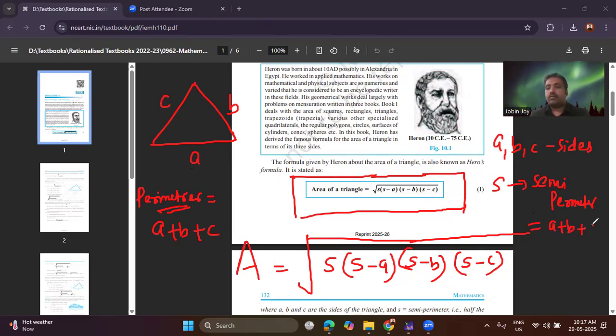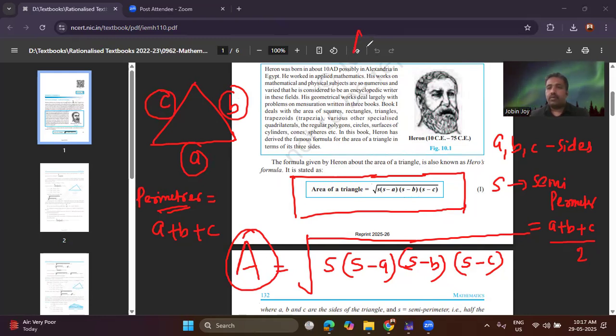Divide by 2: A plus B plus C divided by 2. Substitute in this Heron's formula and you will get the area of a triangle. In this way, you can calculate the area of a triangle by considering the three sides.